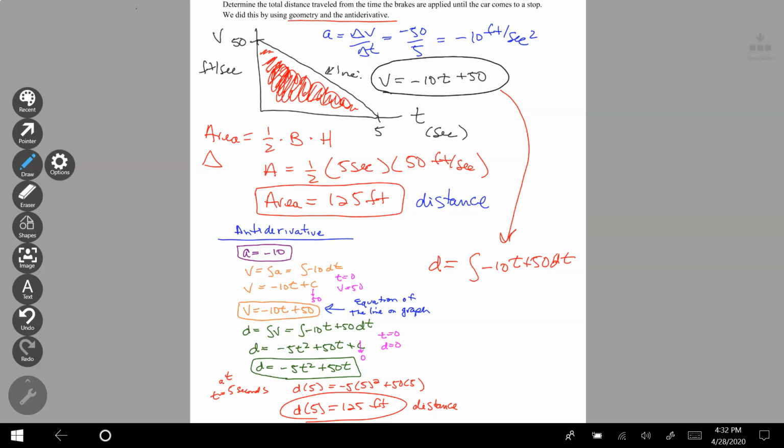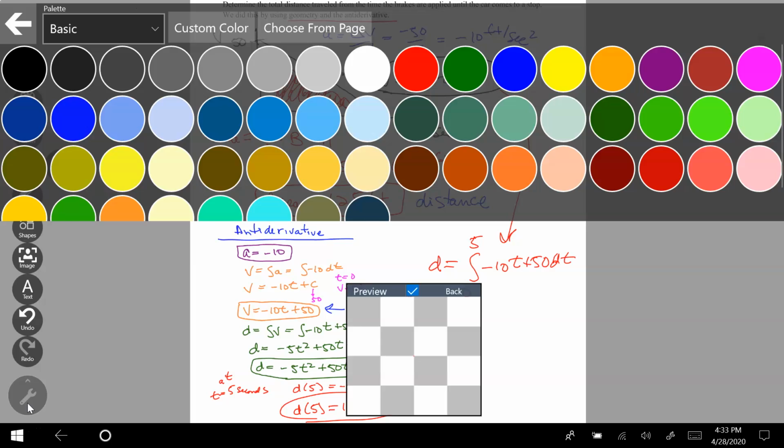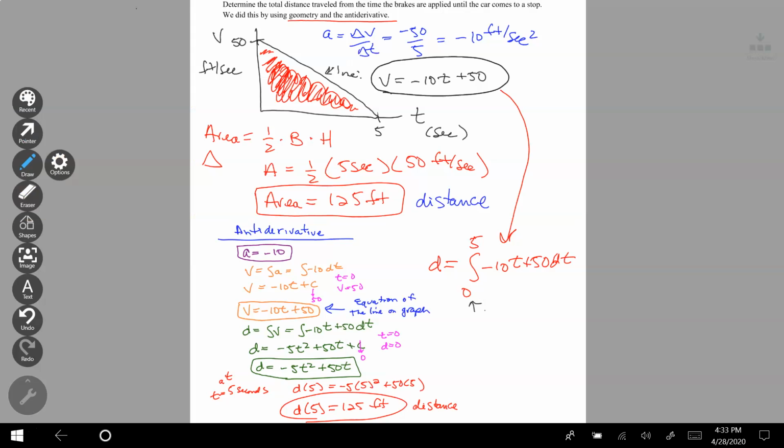But I'm going to plug numbers into the bottom and top part of the antiderivative. I'm going to plug in 0 and 5 because this is the initial time, and this is my ending time.